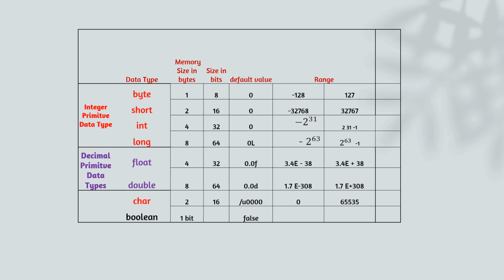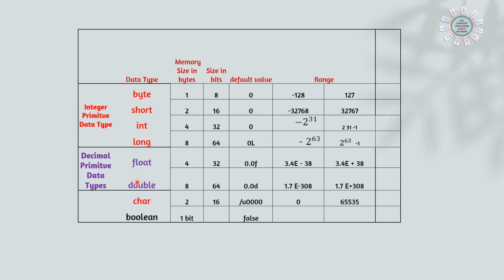In primitive data types, here we can see all the 8 primitive data types: byte, short, int, long, float, double, char, and boolean. The first 4 are integer primitive data types. That means byte, short, int, long can store only integer numbers, no decimal numbers.